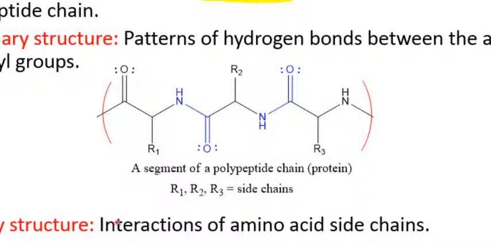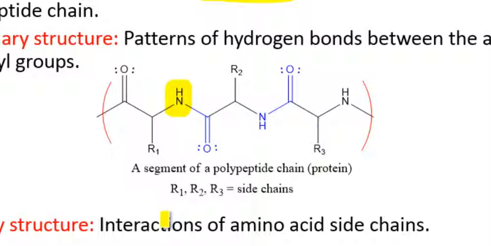Now the secondary structure is actually formed by hydrogen bonding. Now remember what a hydrogen bond is. It's basically a bond that's formed between an electronegative element and a hydrogen atom, which is also bonded to another electronegative element. Now in the case of a polypeptide chain, we have such bonds present. As you can see, the amino group right here has a hydrogen bound to it.